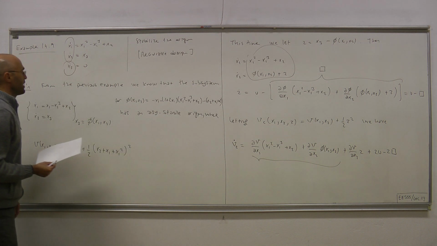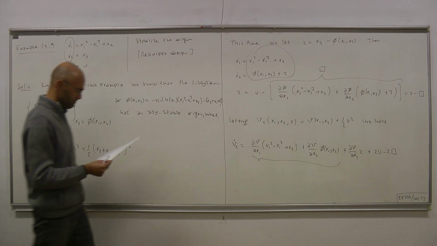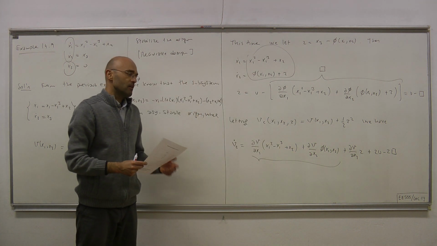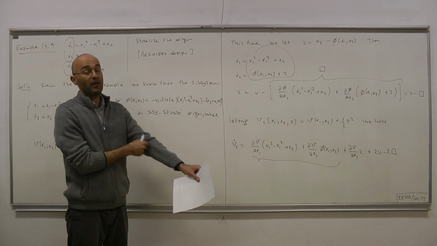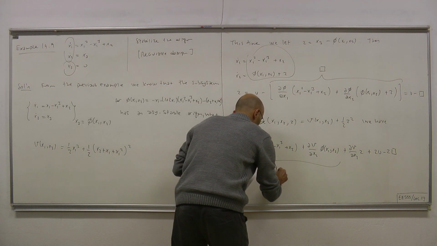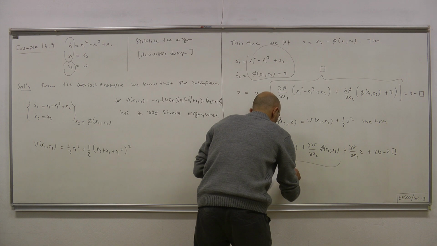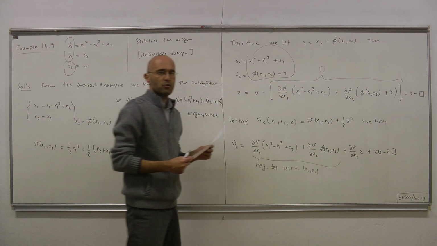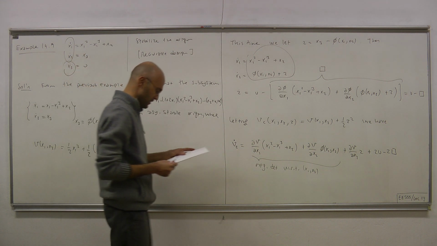And we have Vc dot, that's the Vc dot of the previous example, which we know is negative definite with respect to the pair x1, x2 from the previous example.